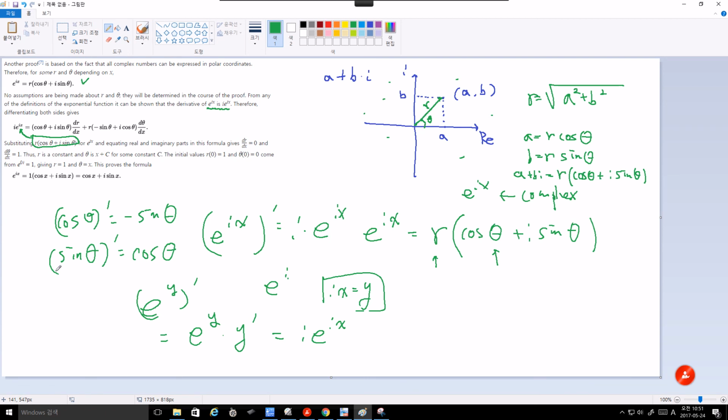The initial value r(0) is 1 and theta(0) is 0, because e^(i·0) is 1.